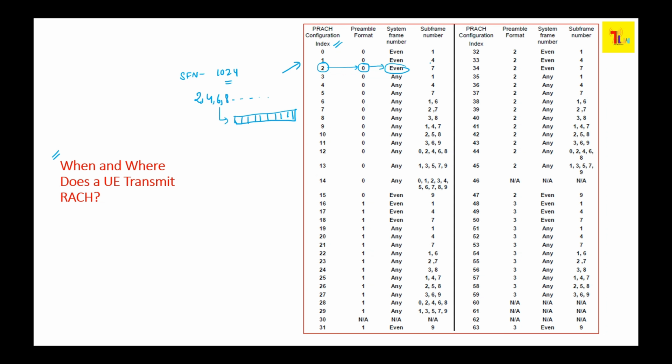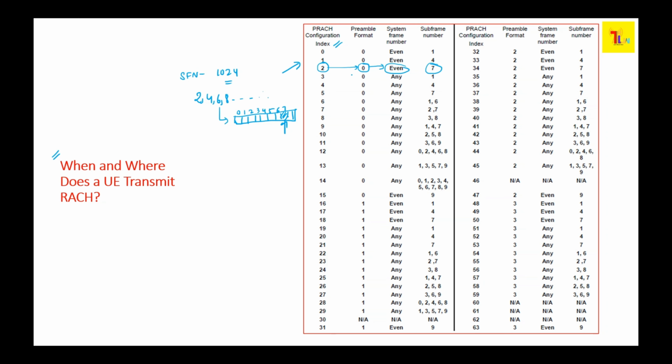In that particular radio frame, the 7th subframe, counting 0, 1, 2, 3, 4, 5, 6, 7, is going to be used for the transmission of that particular preamble. So this is exactly where you are going to transmit that RACH, and this is the significance of the PRACH configuration index.